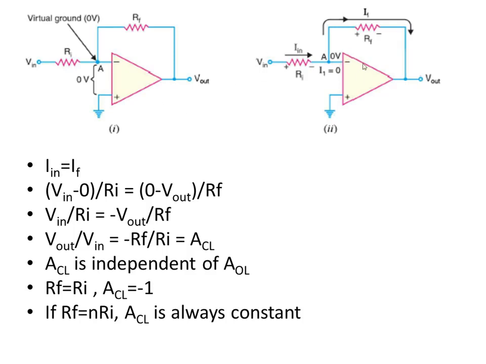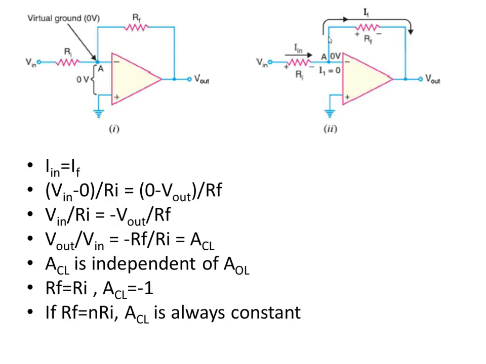You know that V minus is 0 volt, so this terminal is actually 0 volt. What is the voltage drop across this Ri? Vin minus 0. Vin minus 0 divided by resistance Ri, that is the equation for input current.